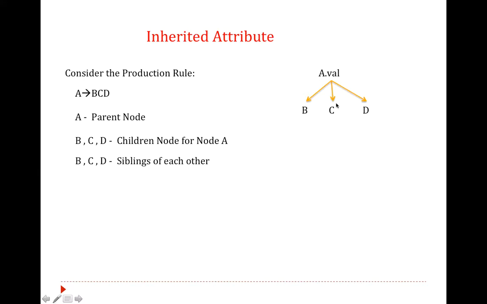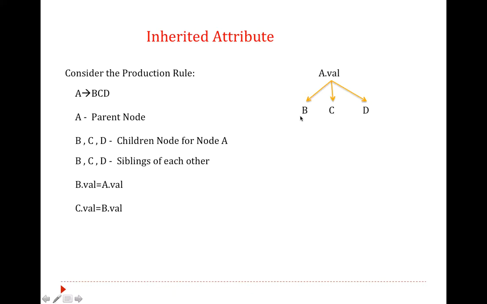For A, B, C, D are children nodes, and B, C, D are siblings of each other. If it is said B.val equal to A.val, then for B the attribute value is computed using the parent node attribute.